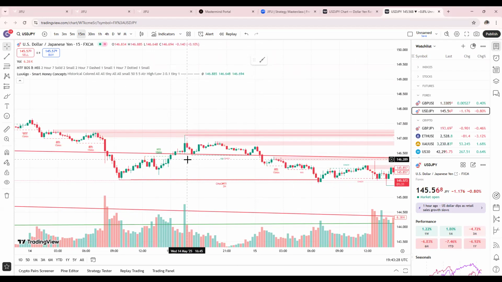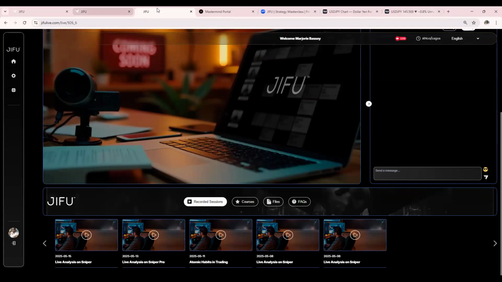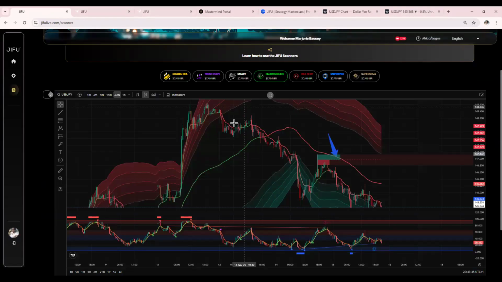But when you come to the Smartmonics Scanner, you'll see that the candles are different. It is an indicator that's been built in Smartmonics, and it's called the Optimized Trend Tracker. It shows you the structure of the market.